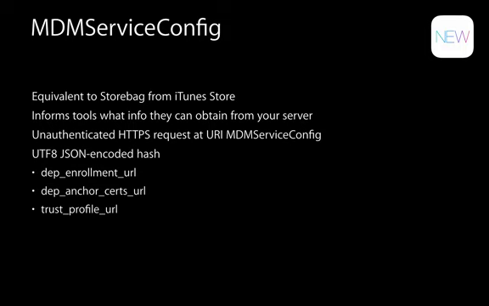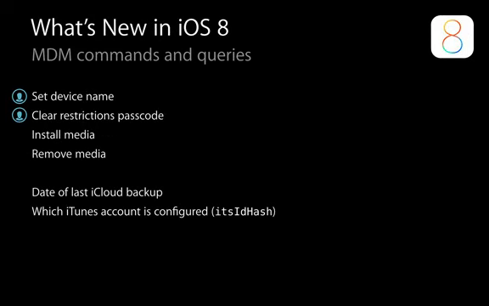This would allow a tool like Apple Configurator to make it much easier for an administrator to configure settings, because they wouldn't have to type the entire enrollment URL. They'd only have to type the domain of your server. And it could then ask the server, what's your URL, and complete that for the user. So we're going to be implementing this in Profile Manager, and we would really like to see that in your MDM solutions as well.